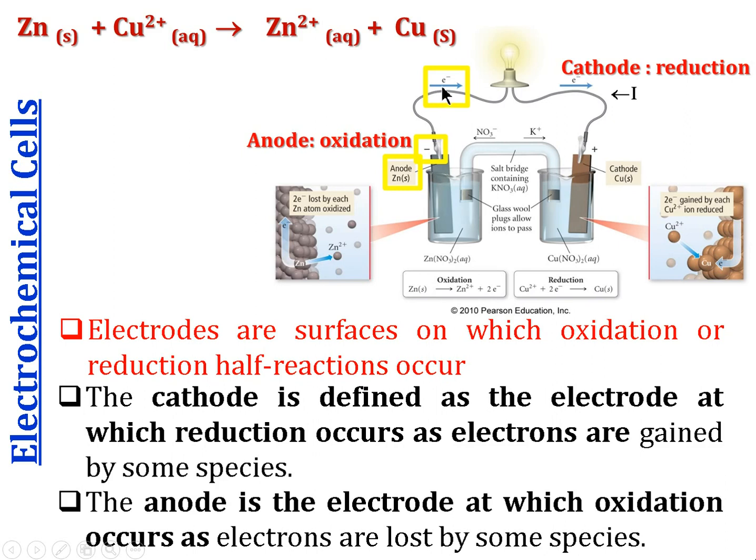The direction of the electrons is from the anode to the cathode, and the presence of the salt bridge, the wire, the cathode charged plus, and the direction of the current, which is inverse to the direction of the electrons.